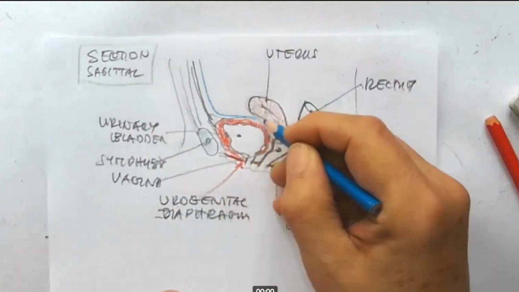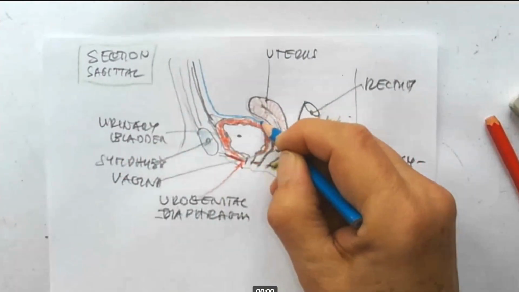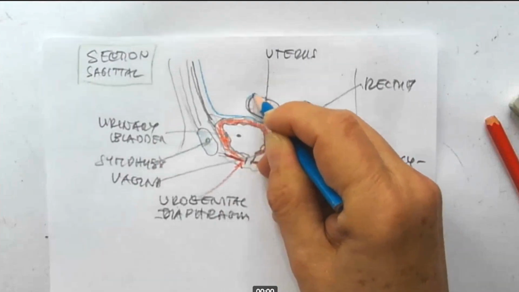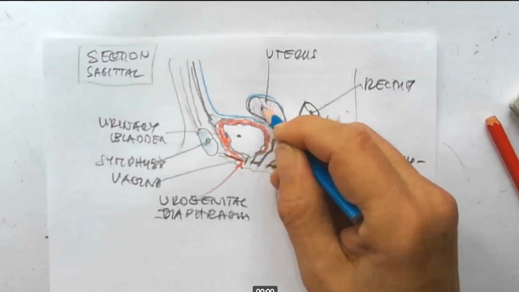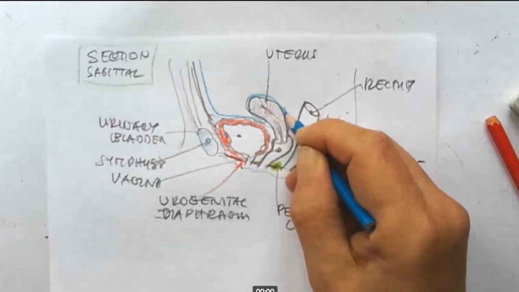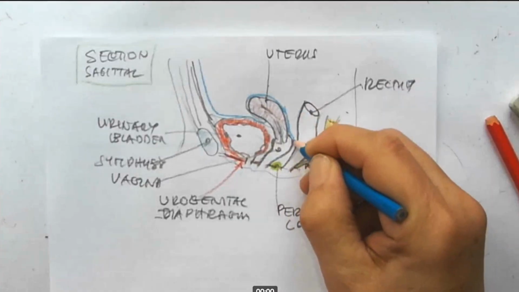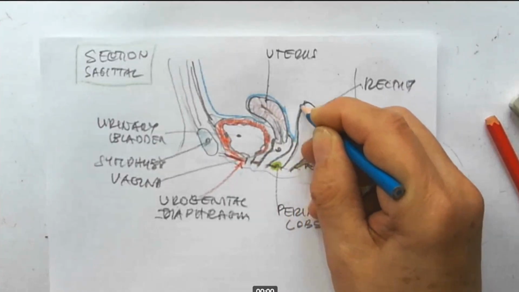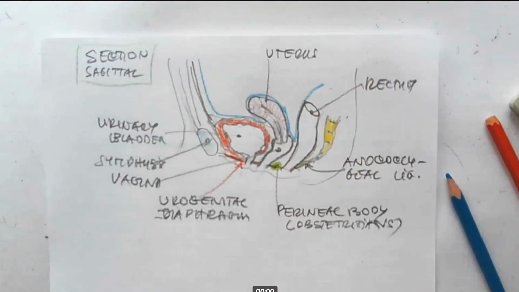Peritoneum covers the superior part of the bladder, and also the fundus of the uterus, surrounding the whole uterus, anteriorly, superiorly, fundus, body, as you see, and also covering the posterior fornix of the vagina, and then returning to the anterior surface of the rectum.